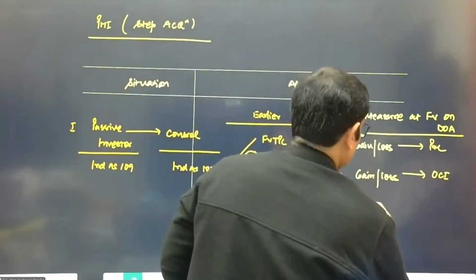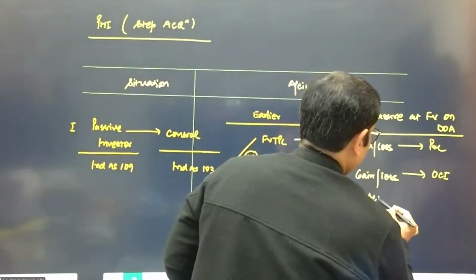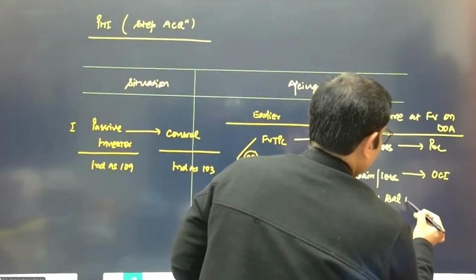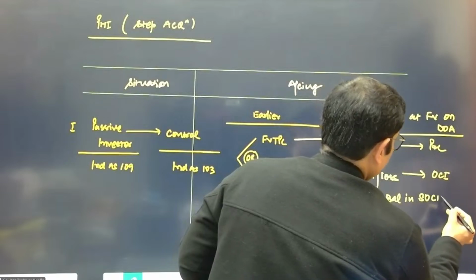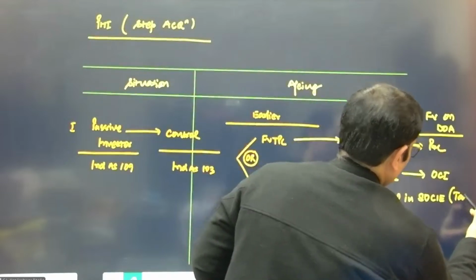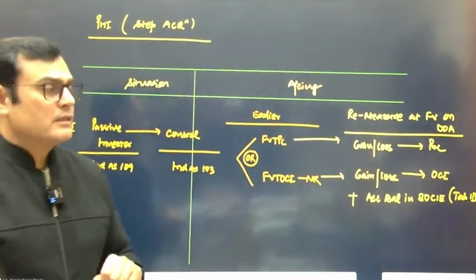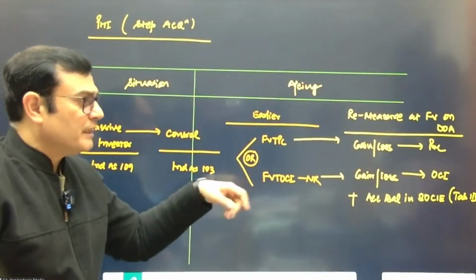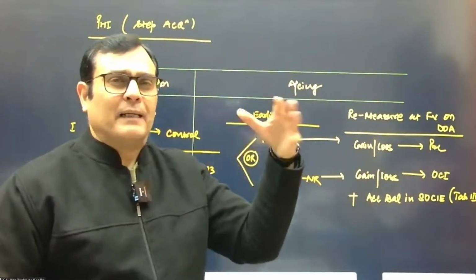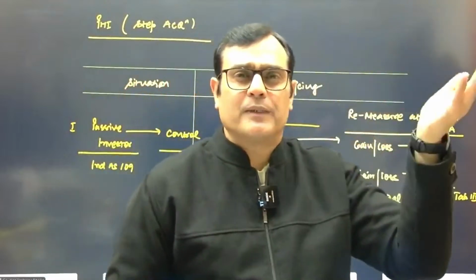And in this case, you need to do another thing as well. The accumulated balance in SOCI, in tab 3. Because if you were accounting under FVTOCI, you would have accumulated the balances in tab 3 SOCI as well.